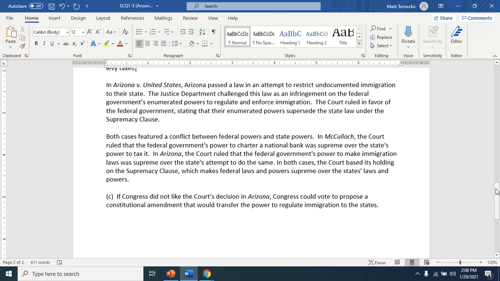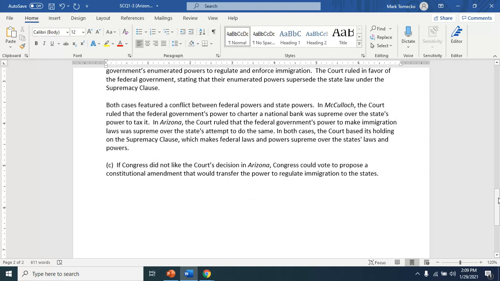Now, because these two cases are similar holdings, we would assume that what the court told us is similar about the supremacy clause. But if they were different holdings, why? Why did they interpret this case using the clause one way, but they interpreted the clause differently in this case? And it'll all be because of the facts. There are different facts at play.